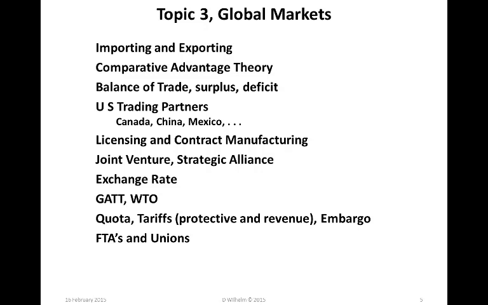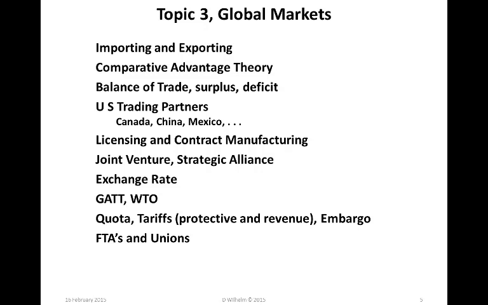There are licensing and contract manufacturing. These work both domestically and globally. Licensing is where an intellectual property holder, such as an artist, would give a license to a manufacturer to, say, make 1,000 prints of a painting and then sell those and pay the intellectual property holder a certain amount for each one sold or some other deal.